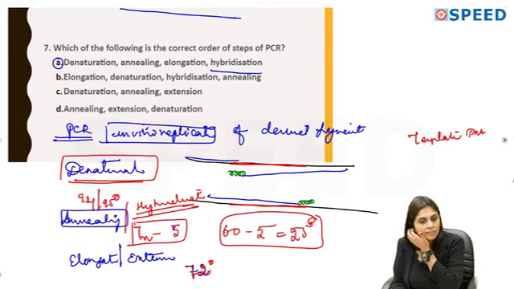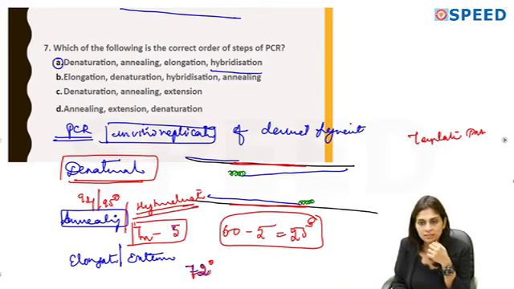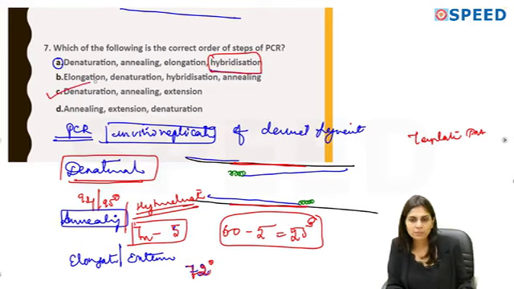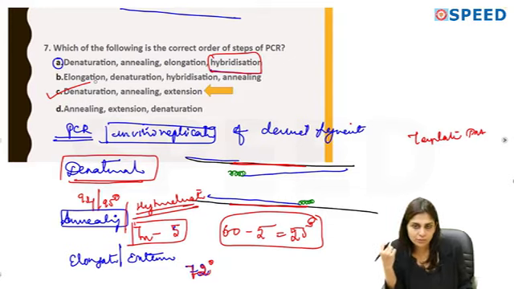Why do I call it a hybridization step? Because in this step, the primer hybridizes with the flanking sequence. So it's not a separate step. So what will be your answer? Denaturation, annealing and extension. Sometimes they give you such fancy or unheard-of terms to confuse you, but you have to be very clear. Okay.